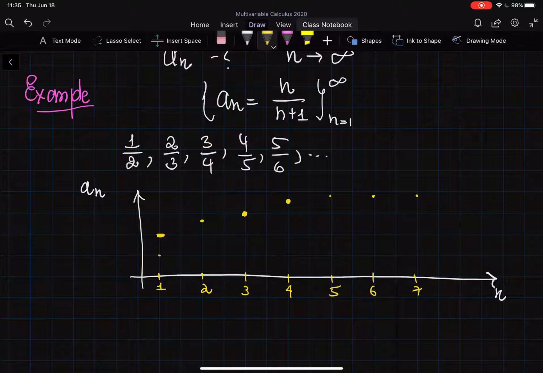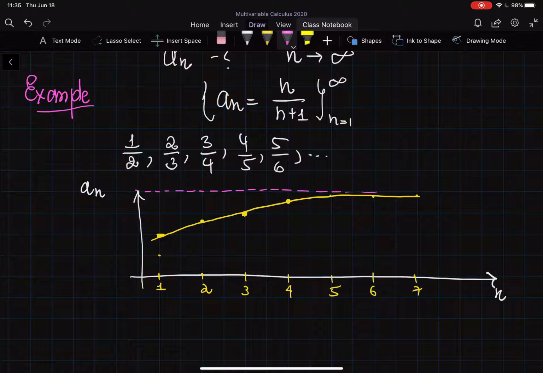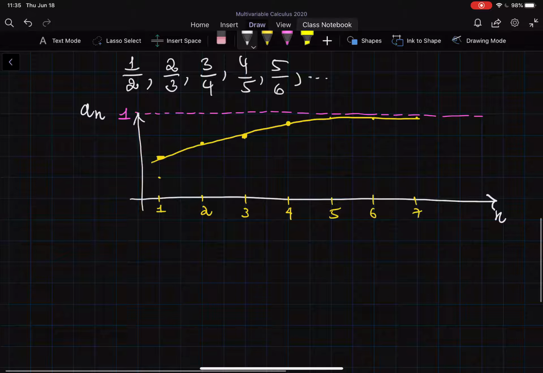So basically, if I draw the values of a n, I can see that as n increases, the values of a n are going to be really close to this value, which is equal to 1. So this is 1, right? So as n is going to infinity, the values of a n are getting close to 1.